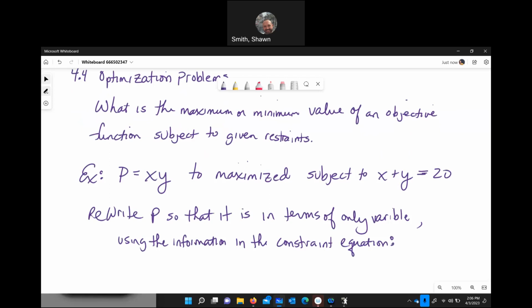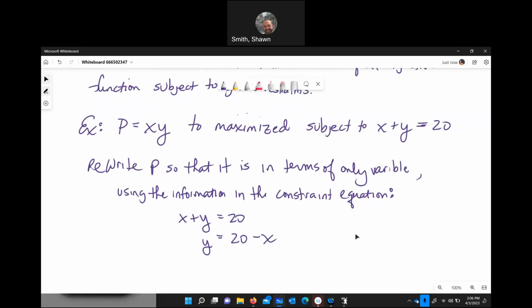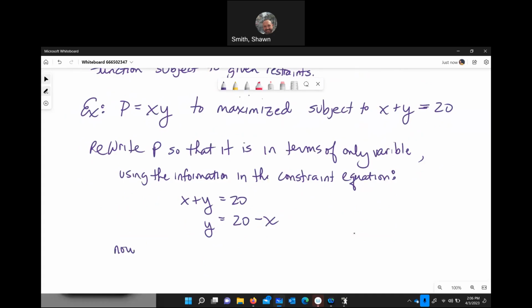So if X plus Y is 20, you can just say that Y is equal to 20 minus X. Simple substitution, this is all this is. So now P, I put it in terms of X. We always usually have functions in terms of X, right? You can do it in terms of Y, it doesn't matter, but this is just as easy. So P is equal to X times Y, but Y is 20 minus X, which is equal to 20x minus x squared. Put it in a polynomial format.